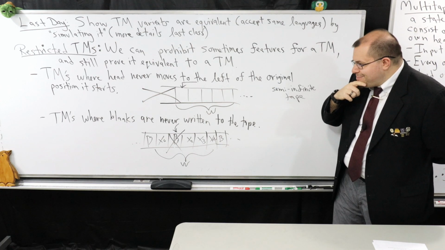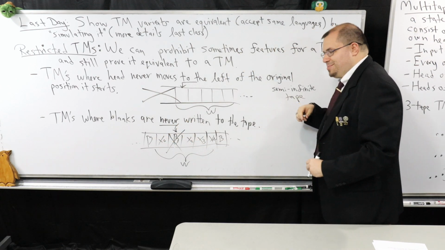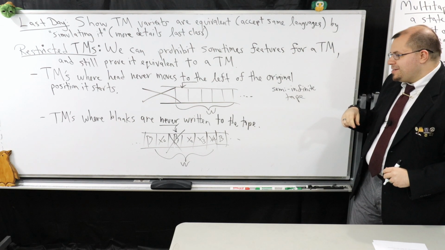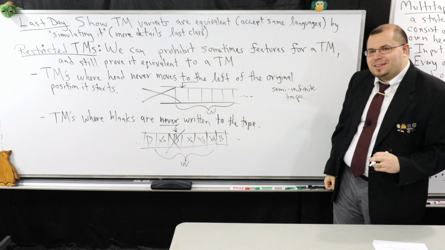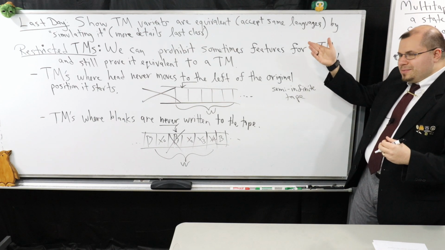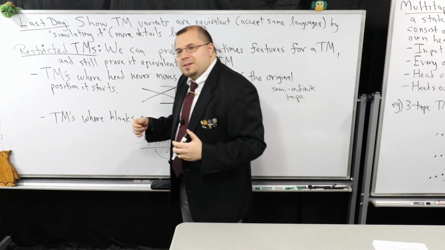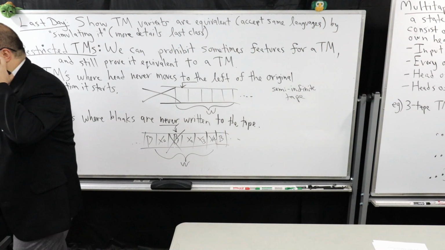I'll give you a tip. Remember, we never write a blank to the tape. So what would I do for my Turing machine that's going to simulate this? Yes, you can still read the blanks, but you can't write them.